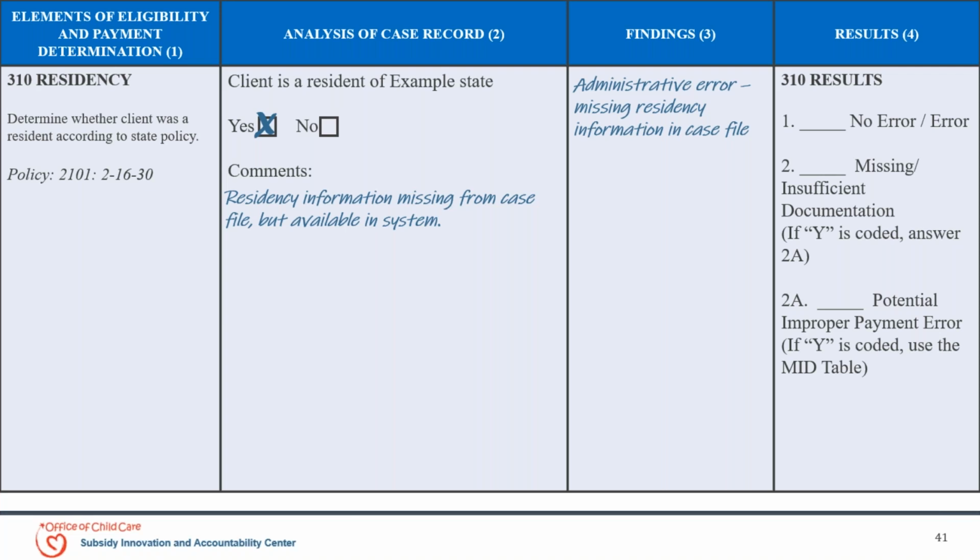In our example, we'll say that it was an administrative error. So this was an error. It was due to missing or insufficient documentation, but we've coded 2A as N because it is not a potential improper payment error. It's just an administrative error, so there's no need to go to the mid-table here.